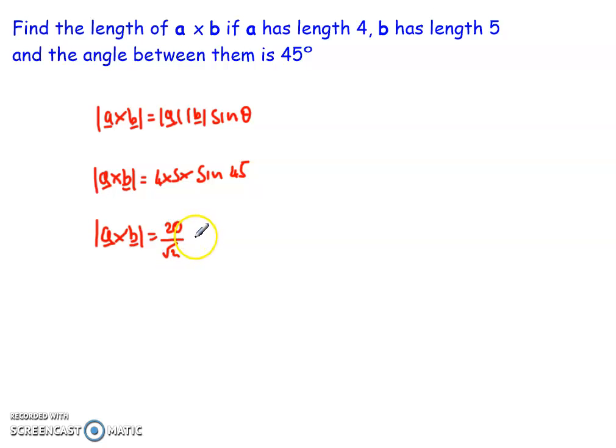As I've done previously, I don't like having an irrational denominator, so I'm going to rationalize it, multiply top and bottom by root 2. What I'll end up getting is 20 root 2 over 2, so 10 root 2. Now, if you don't have to rationalize it and you don't want to, that's fine. Don't worry about it. I just prefer doing it to get rid of a bit of a pet hate of mine.